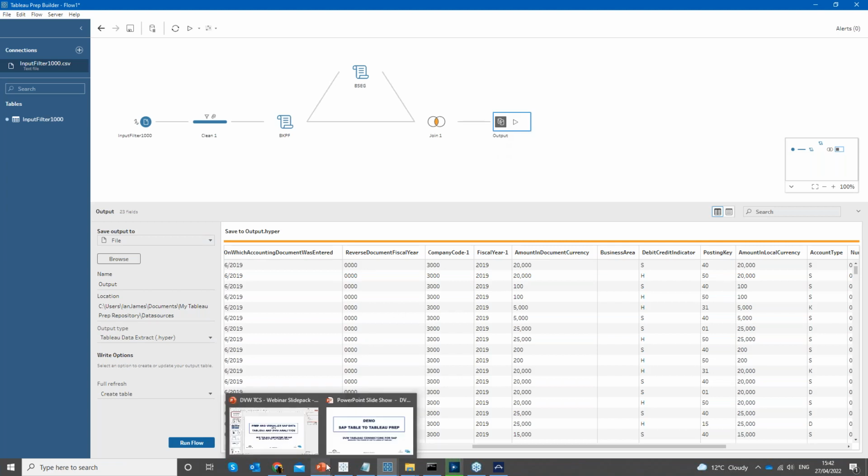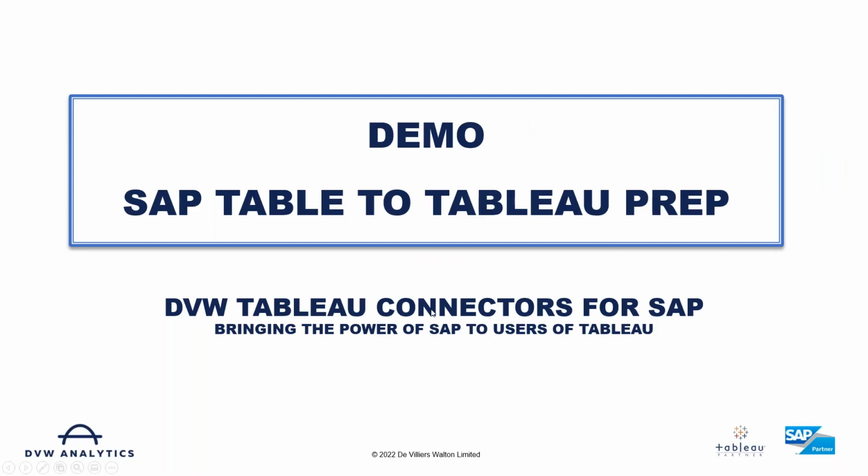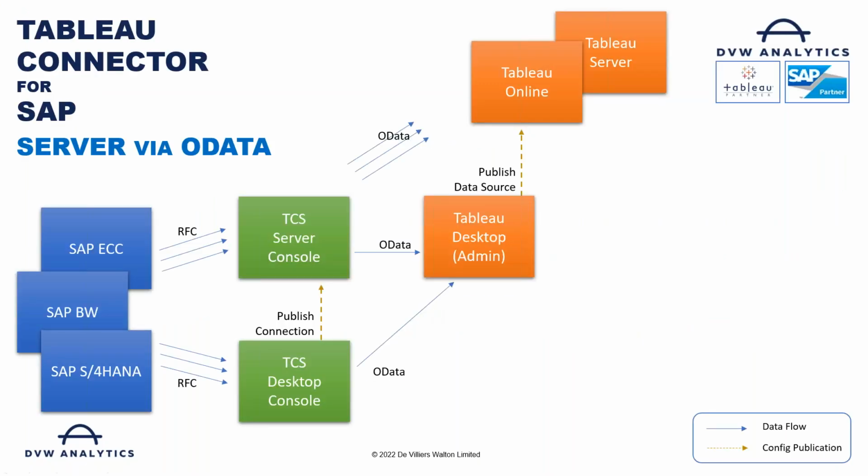Just like to show you a few more slides before we close, just to talk about server. What we've seen so far has been on the desktop, but it's perfectly straightforward and indeed very, very similar to run the same sort of flows to server. So for instance, if we look at the OData path, then we can build our connections on desktop.